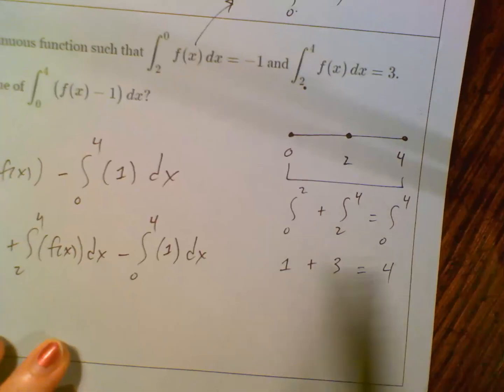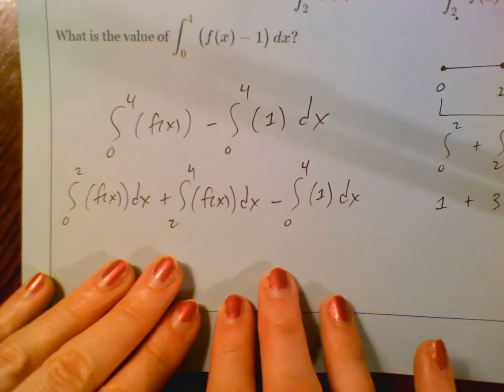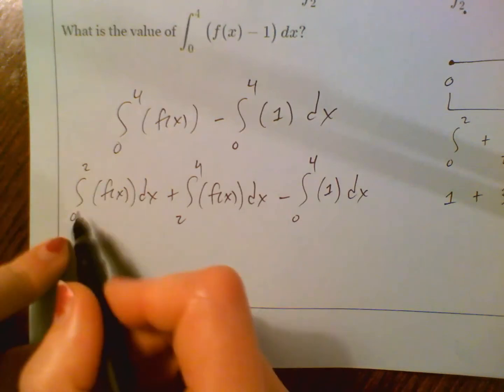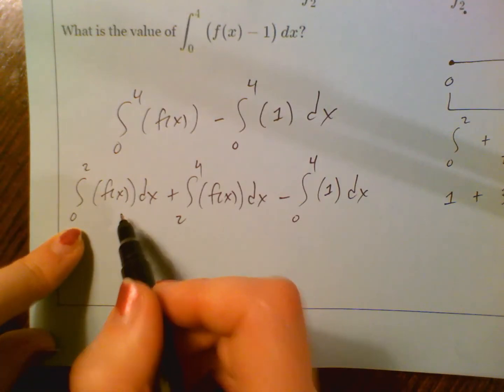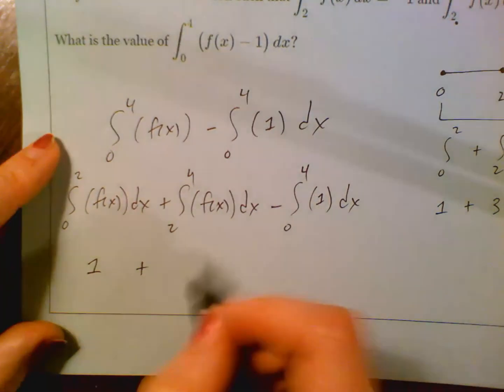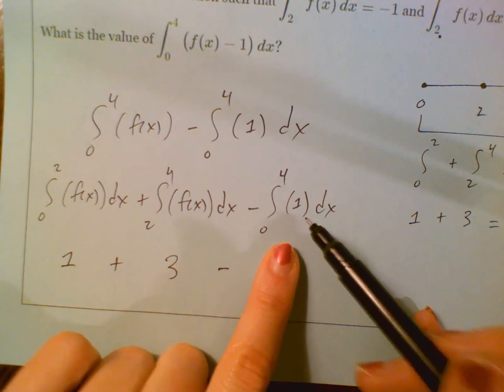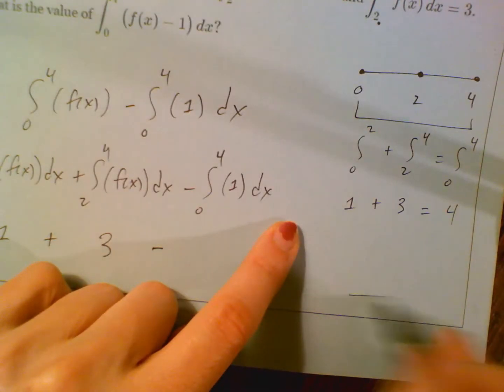So I just kind of worked it out over here in my head, and now I'm showing really nice, careful notation. All right, so from 0 to 2, the area under the curve is 1, plus from 2 to 4, the area under the curve is 3, minus, so this would give us a rectangle here, guys.